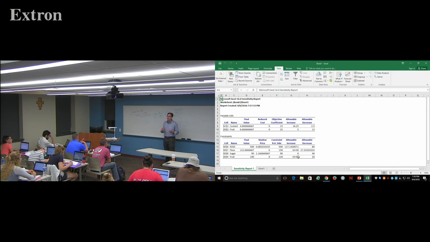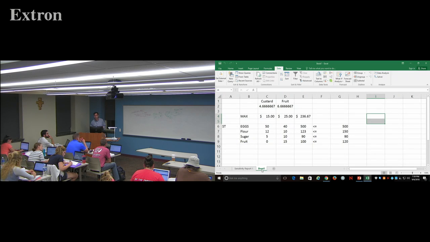Does my solution change? My solution doesn't change, but what will change? Obviously, if I'm making now $30 per dozen for custard pies, my profit would change. But the solution itself, the decision variable, doesn't change.